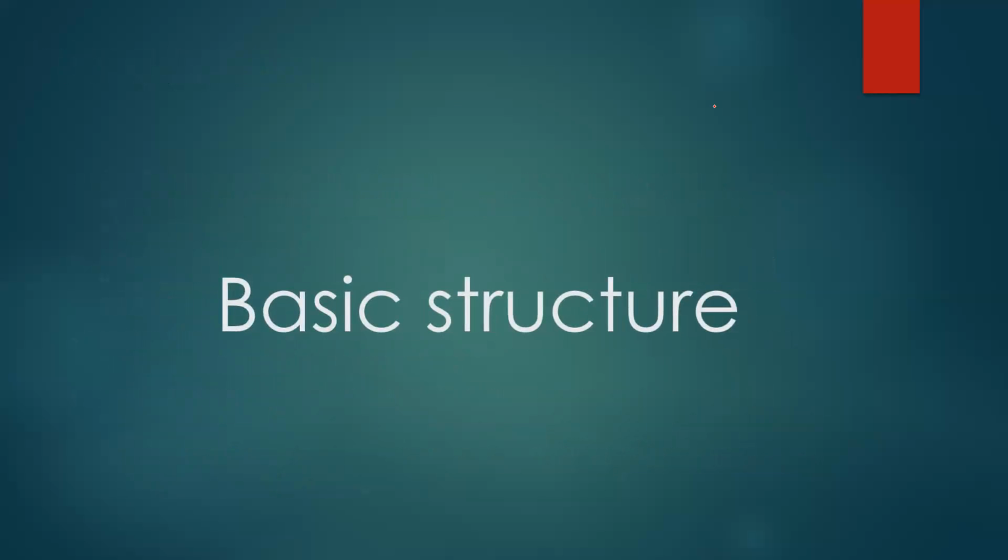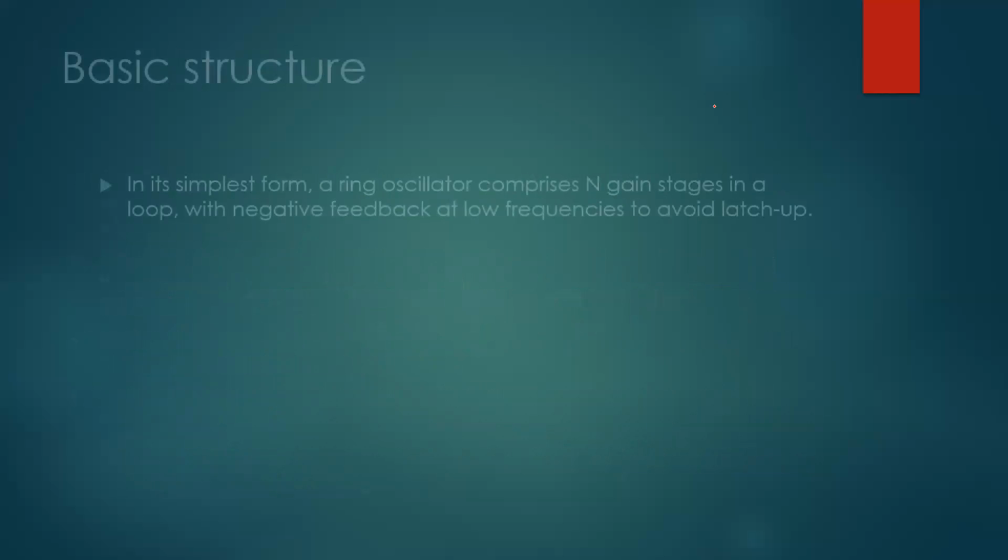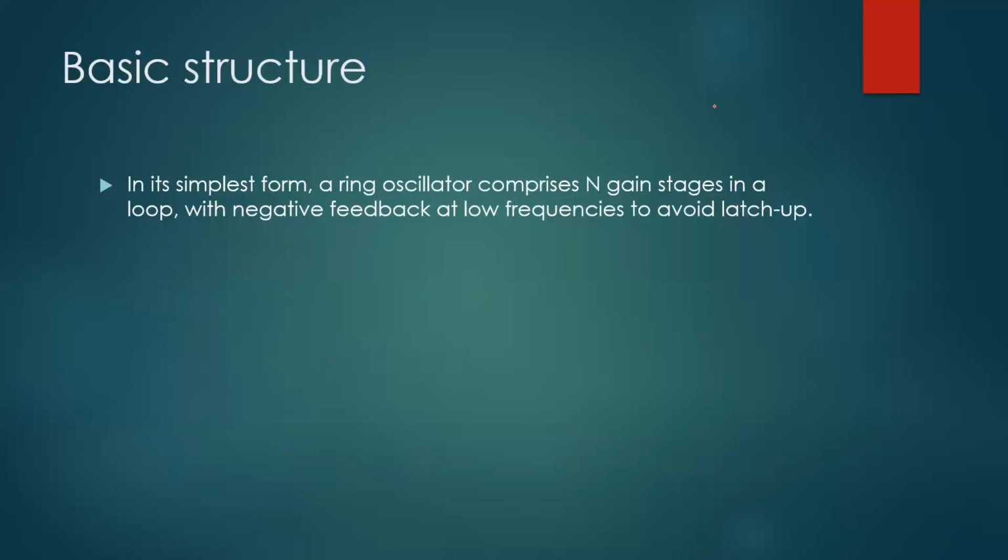Let us discuss the basic structure of this ring oscillator. In its simplest form, a ring oscillator comprises n gain stages in a loop with negative feedback at low frequencies to avoid latch-up.